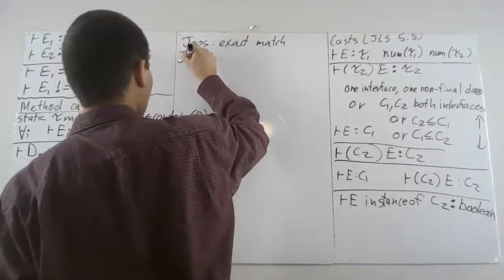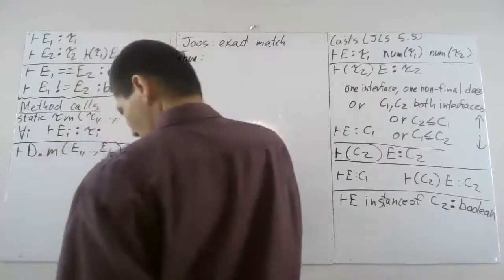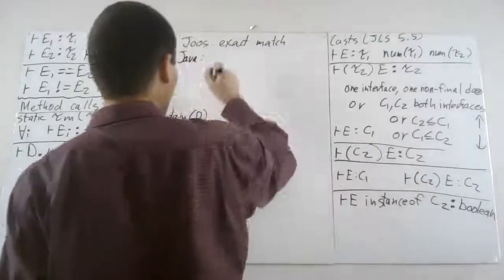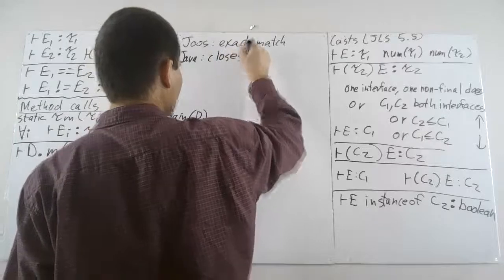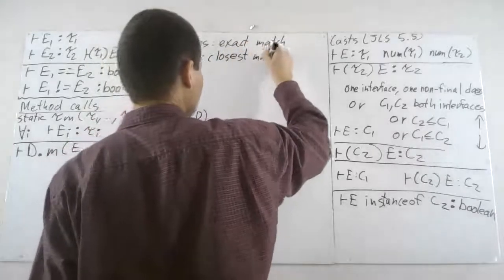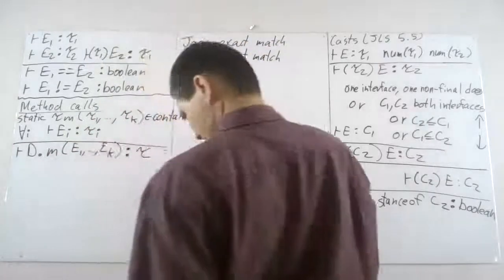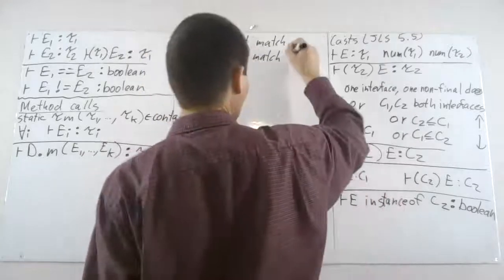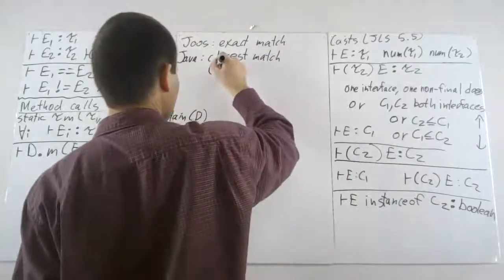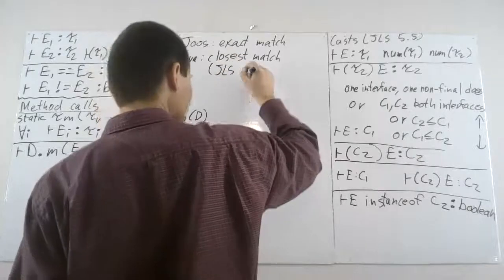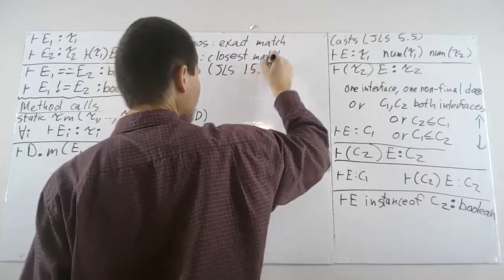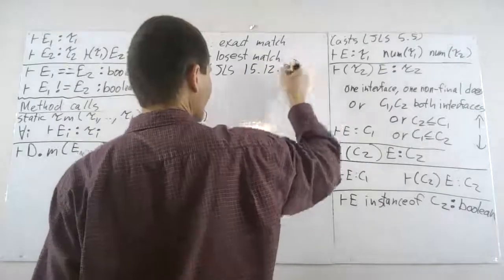And in Java, there is a complicated set of rules to find the closest match. And it's in JLS 15.12.2, right?